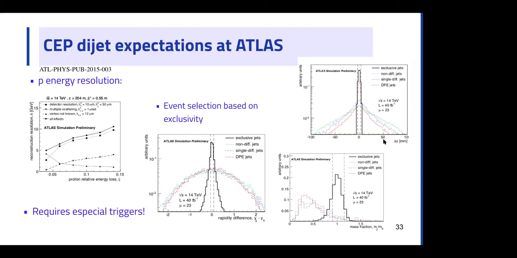The time of flight measurement is delta Z between the vertex measured with the jets and the vertex measured with AFP, shown in the upper plot, and this is fundamental to reduce the background of accidental coincidences. And you see here, okay, exclusive jets, this is very peaked, while accidental coincidence, non-diffractive events, and single diffractive events, they are very wide.